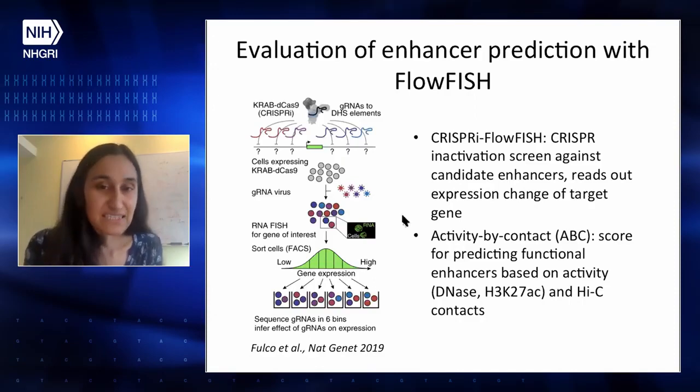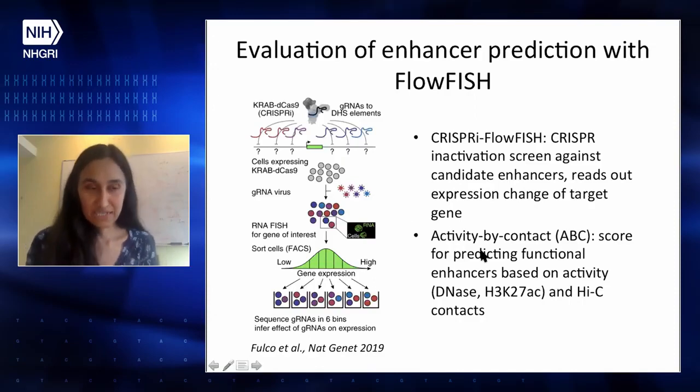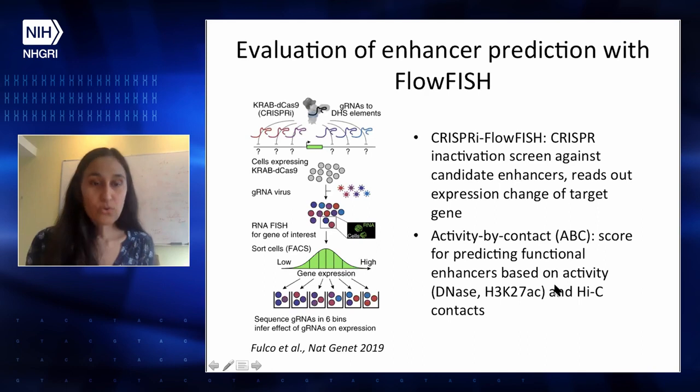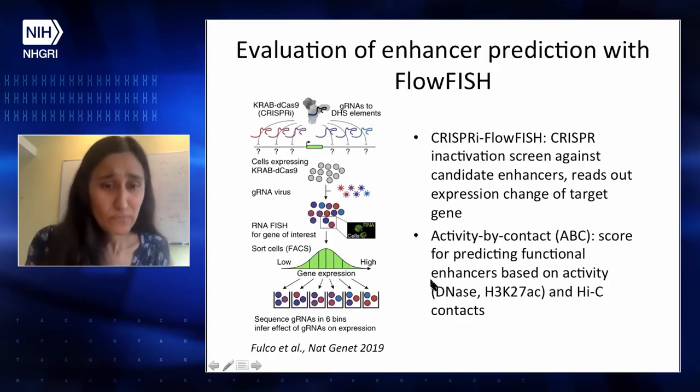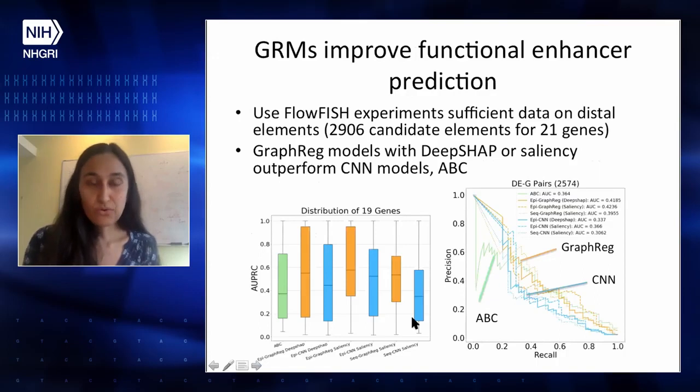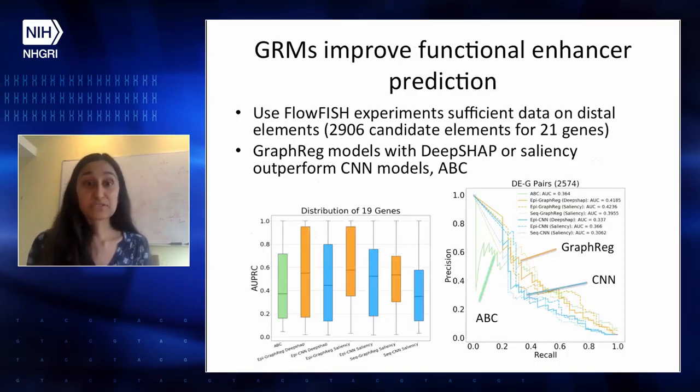In the same paper, they have a model for predicting functional enhancers called the activity-by-contact model. This is a score using accessibility, acetylation, and Hi-C contacts. So how do we compare with the ABC score or with standard CNN models?